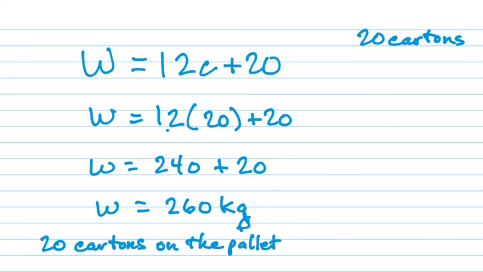So if you just say the cartons, it's not the cartons that weigh 260 kilograms. It's the cartons and the pallet. So that's what I mean about being specific. 20 cartons on the pallet would weigh 260 kilograms.